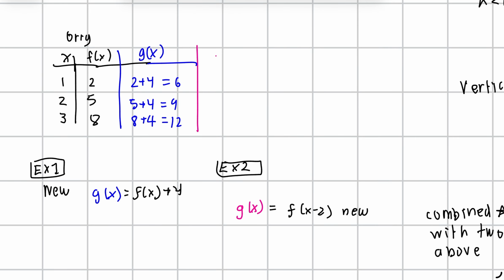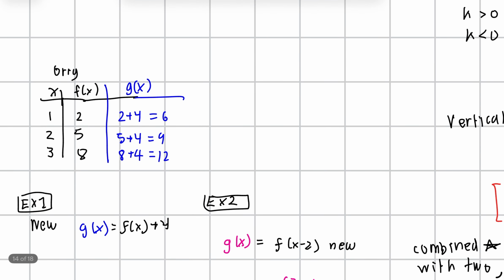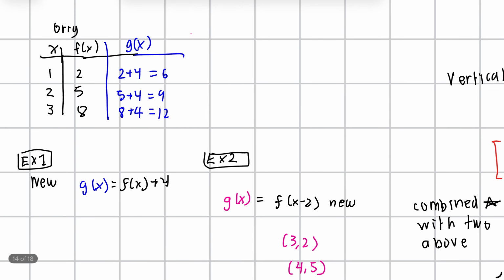So this time we're going to have (3, 2) and (4, 5). That's because we're going to take our x, we'll call that x new.